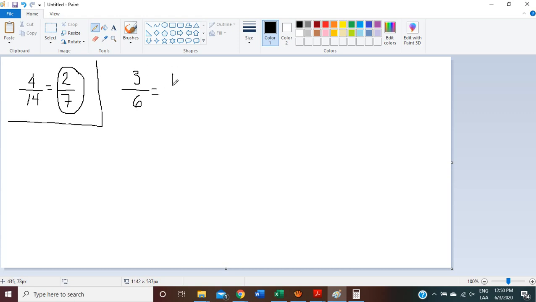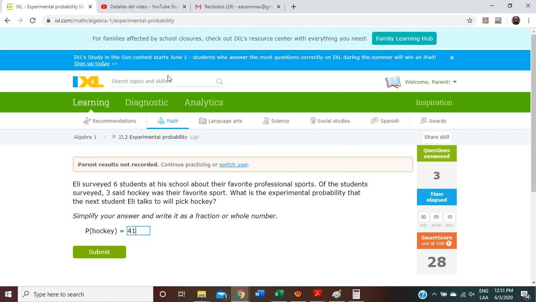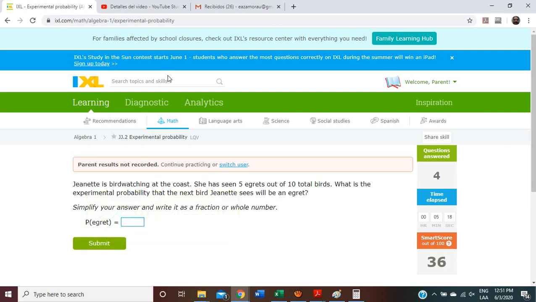If we simplify this, it is going to be 1/2. 3 divided by 3 equals 1, 6 divided by 3 equals 2. So this is our final answer, 1/2.